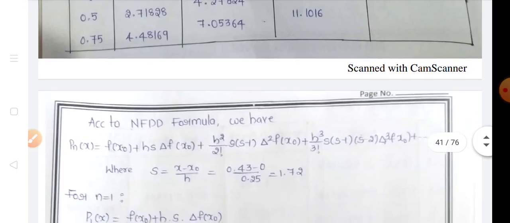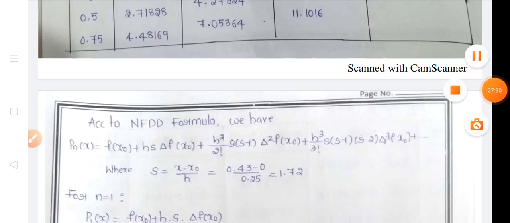According to Newton's forward divided difference formula, we have Pn of x equals to f of x naught plus hs delta f of x naught plus h square by 2 factorial s into s minus 1 delta square f of x naught plus h cube by 3 factorial s into s minus 1, s minus 2 delta cube f of x naught, where s equals to x minus x naught by h, 0.43 minus 0 by 0.25 equals to 1.72.